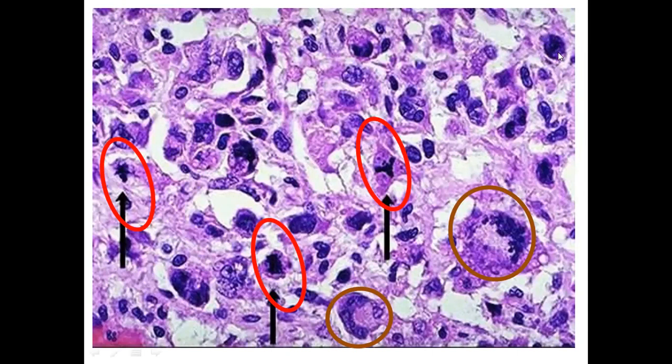Compare the size of this nucleus to this one. This is very large, right? Because it is a cancer. And nuclei vary in shape. This one is not like this one, is not like these ones, right? They vary in shape. This is called nuclear pleomorphism. Okay? And these are features of malignancy under the microscope.